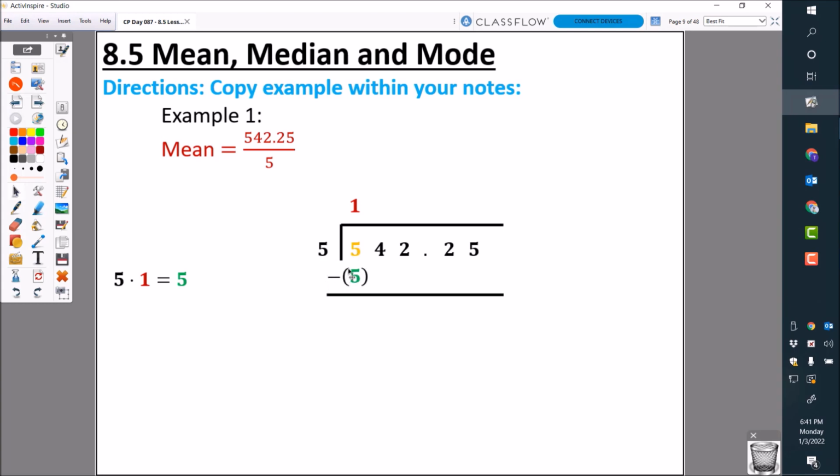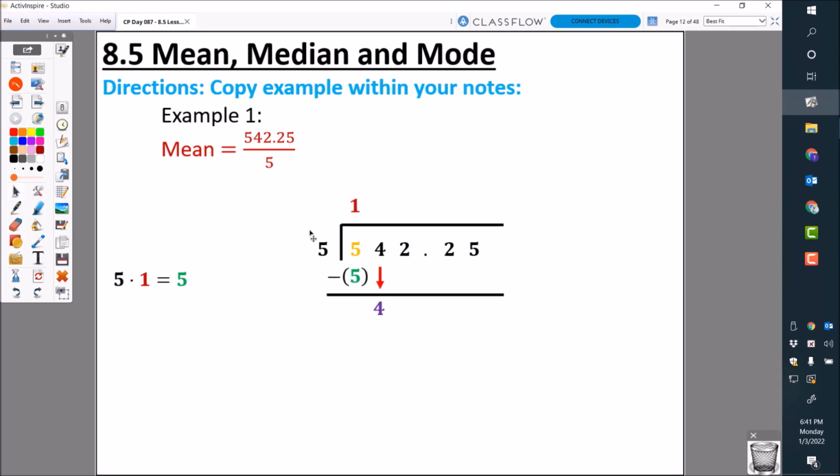So again, the process is always put parentheses and then subtract. So we're going to subtract 5 minus 5, that's going to be 0. After I calculate that, the next step is you bring down the next number. So after the 5, from inside the division, we're going to go over to the next number, which is 4. We're going to bring it down. So we have 0, 4, which is basically 4.